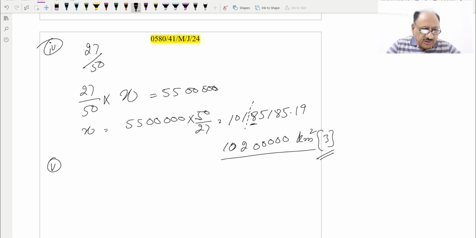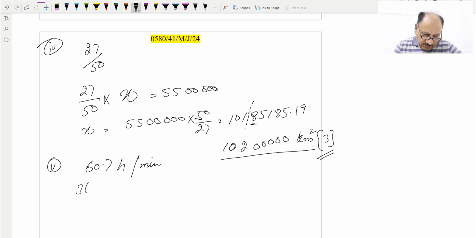The fifth part says in the world, 60.7 hectares of rainforest are lost every minute. So per minute, this much area is lost. Calculate the total area in hectares of the rainforest that is lost in 365 days.